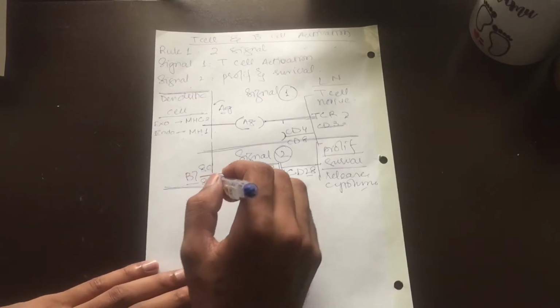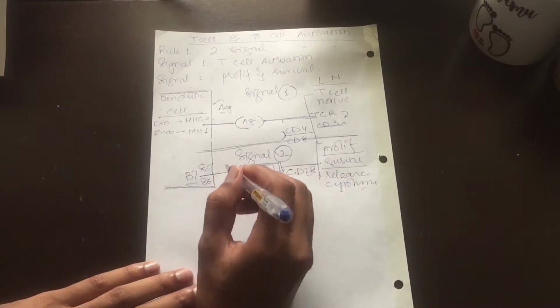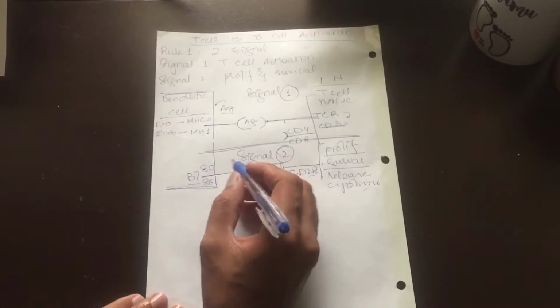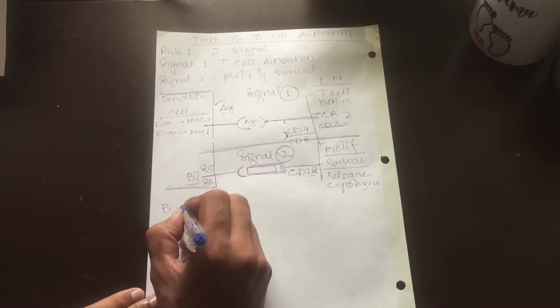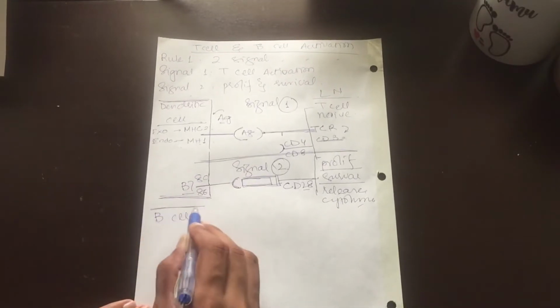Now we will learn another APC example, the B cell, and how a B cell activates a T cell.